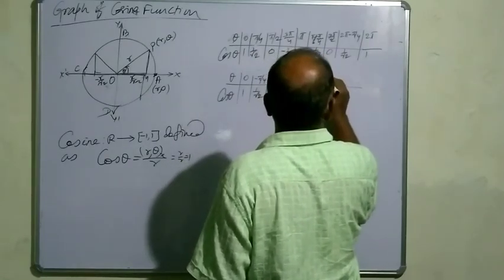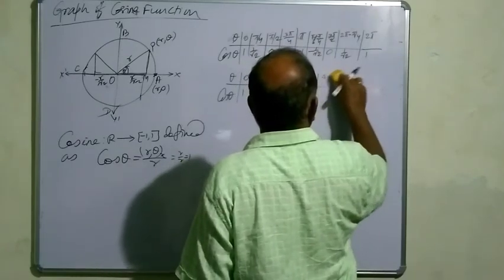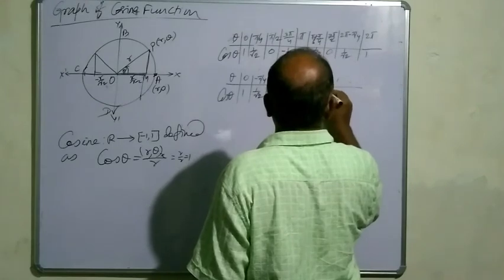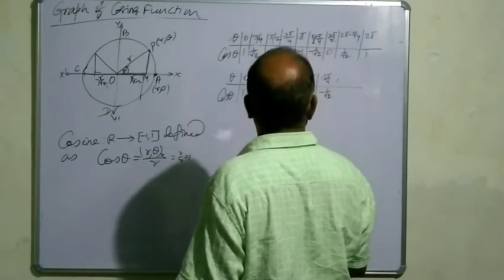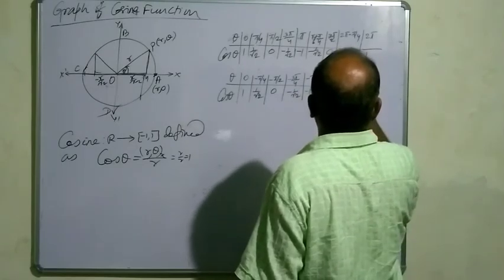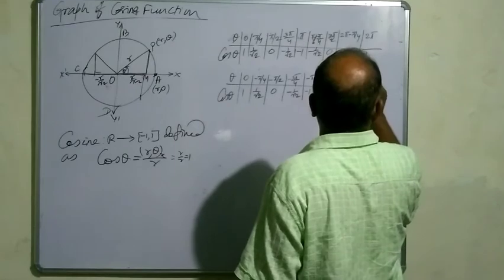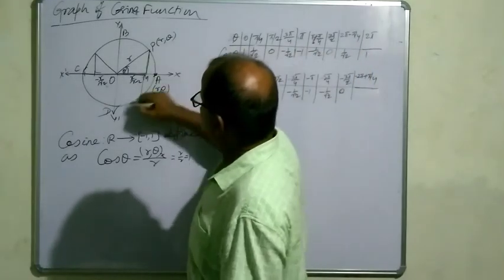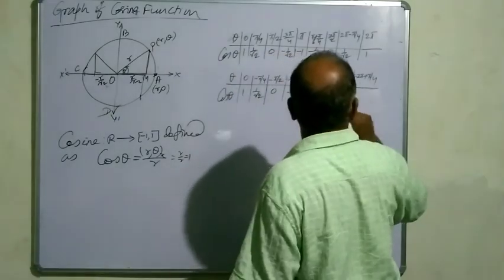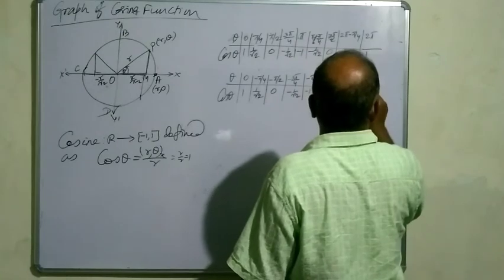After that, at minus 5 pi by 4, its value will again be minus 1 by root 2, and at minus 3 pi by 2 its value will be 0. At minus 2 pi plus pi by 4, we are moving like this, and it will be plus 1 by root 2.